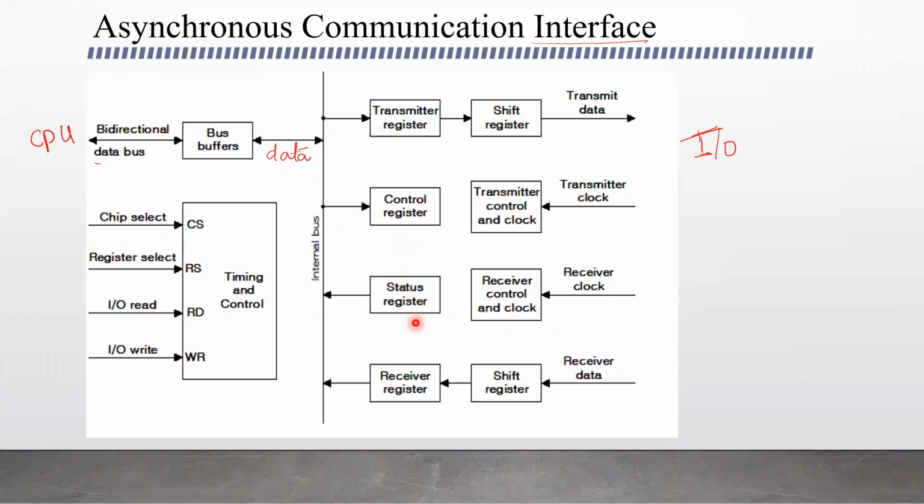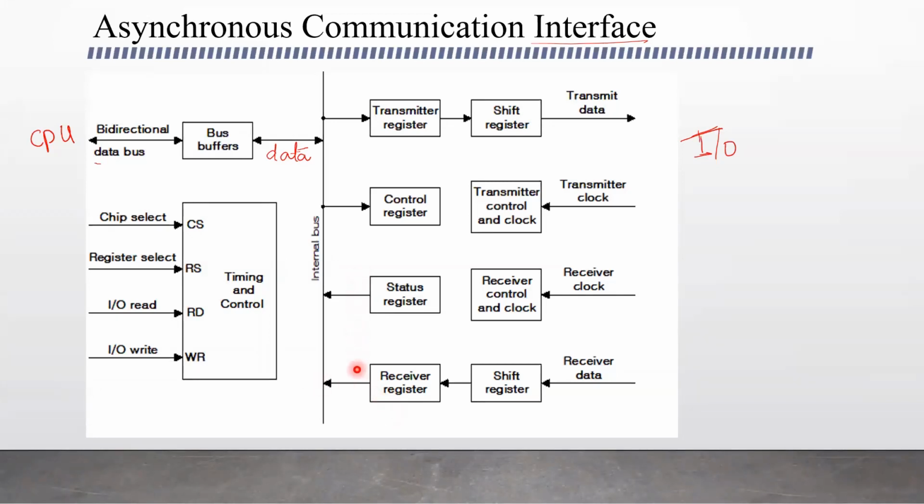But for the status register and receiver register, to know the status of the operations, the CPU reads the data in the status register. And when there is data to be received, the CPU reads data from the receiver register.